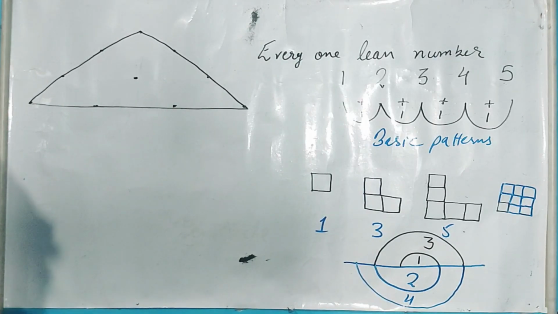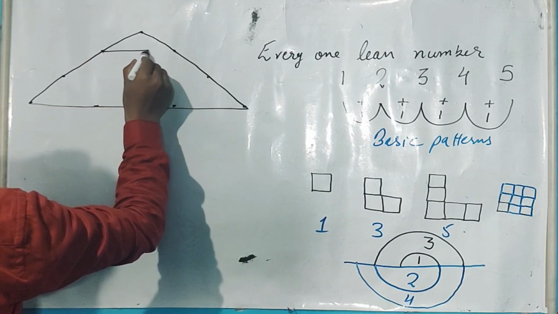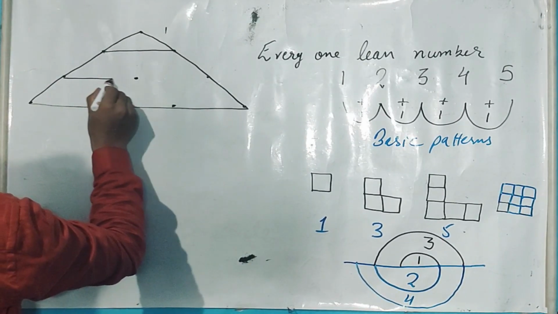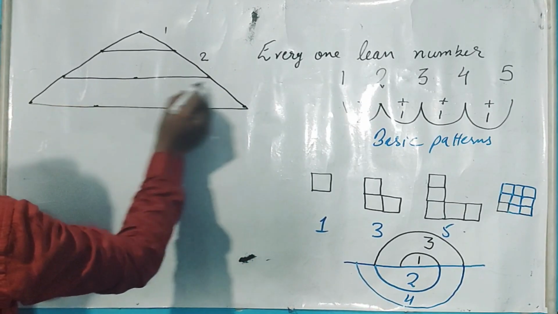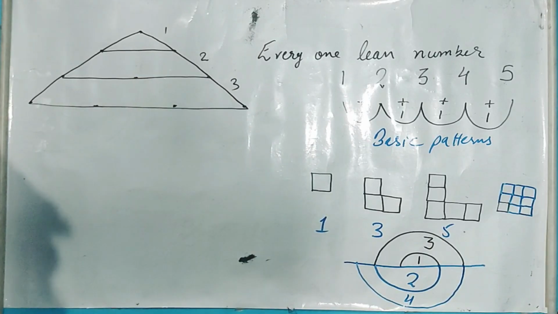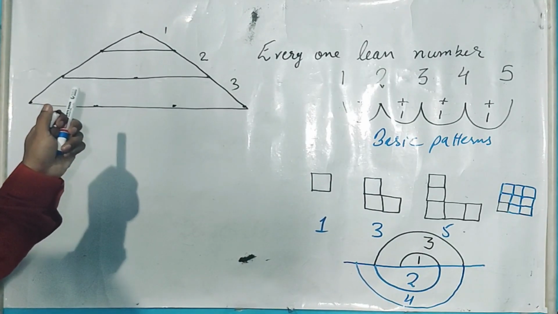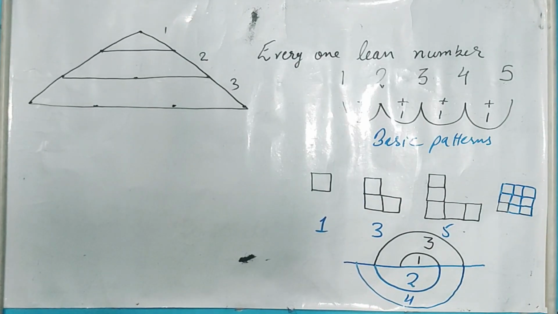Okay, now make a pattern another way: 1, 2 and 3. This is another pattern. We easily see, right? So these patterns can also be converted to another pattern. You know how?